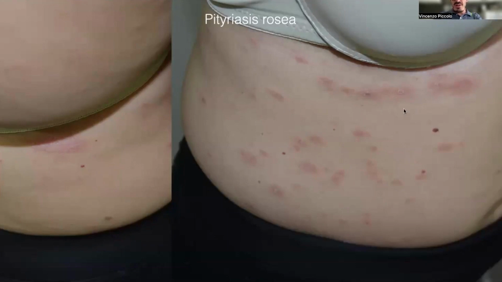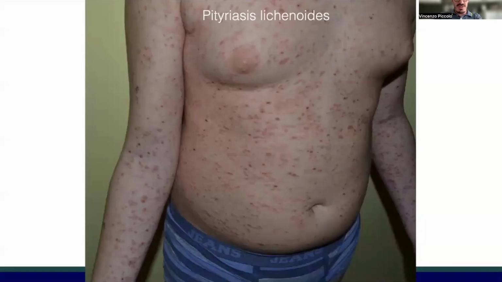This is considered the prototype of a paraviral eruption and is usually long-lasting, at least 3-4 weeks up to 12 weeks. The condition is self-improving with time, so no treatment is necessary, although sometimes patients can experience some pruritus or itch of the skin, and antihistamines can be given to these patients.